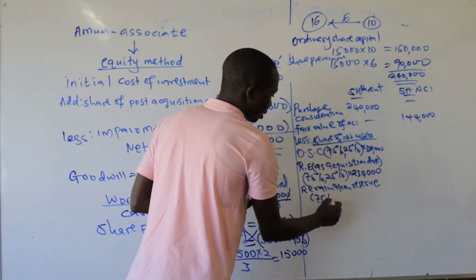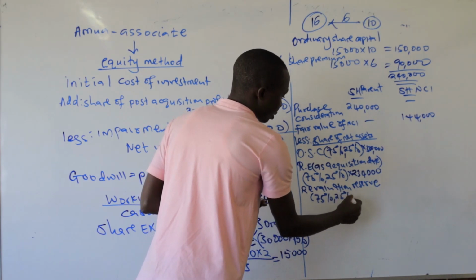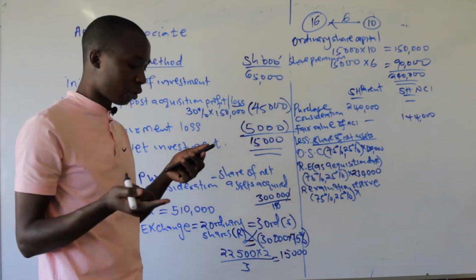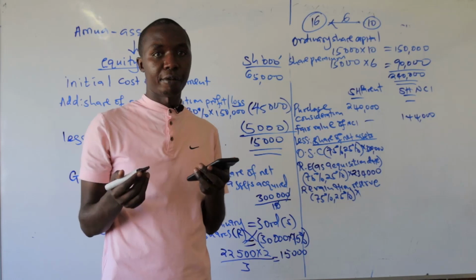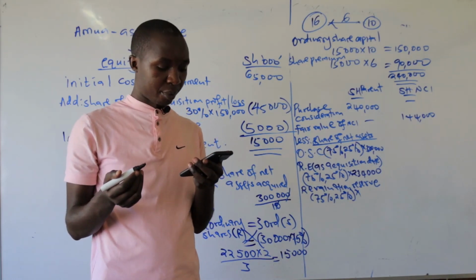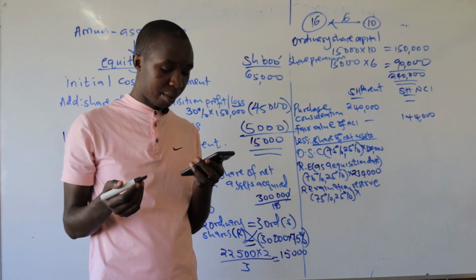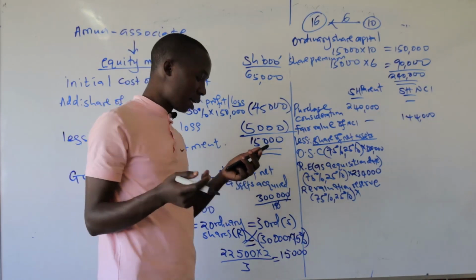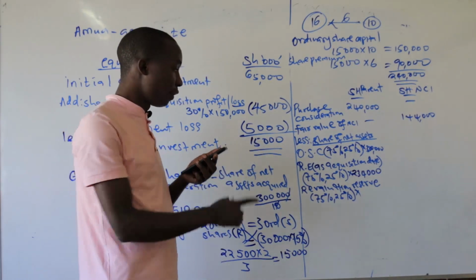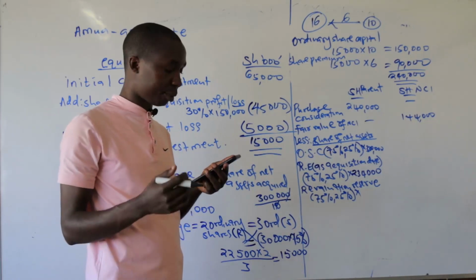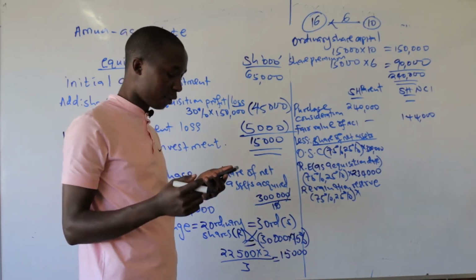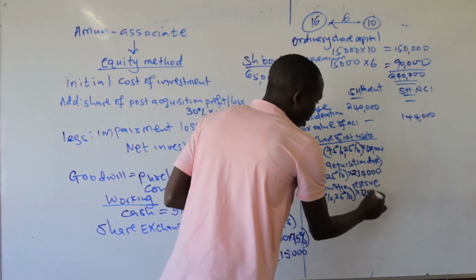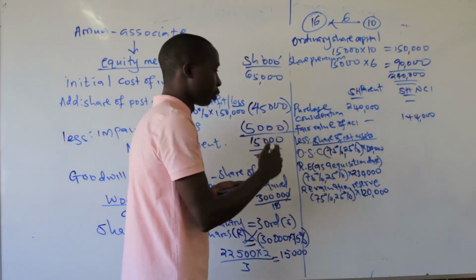So I would say 75% and 25% of the revaluation reserve, which is under additional information number 1, whereby the fair value was in excess of the carrying amount by 120,000. That occurred as at the date of acquisition, and even for the revaluation reserve, the figure must be as at the acquisition date of the relevant subsidiary. So the figure there is 120,000.